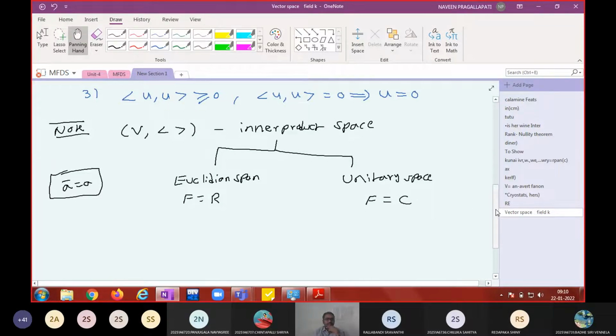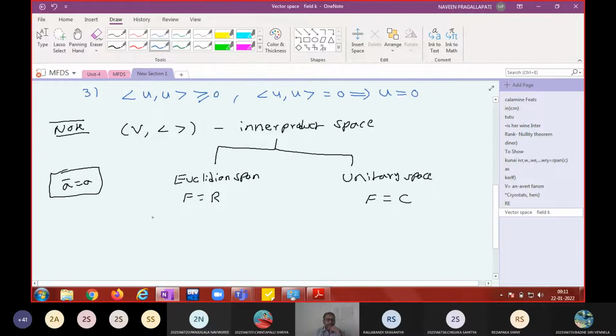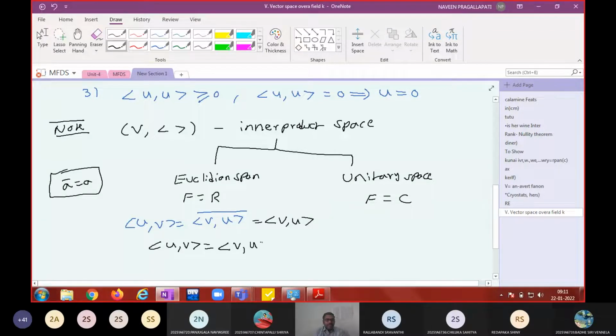So in that case, the inner product of u comma v is, according to the definition, the conjugate of v comma u. But if the inner product is a real number, the conjugate of a real number is itself, so this is going to be v comma u only. So for a Euclidean space, or a real inner product space, the inner product of u comma v is the same as the inner product of v comma u.